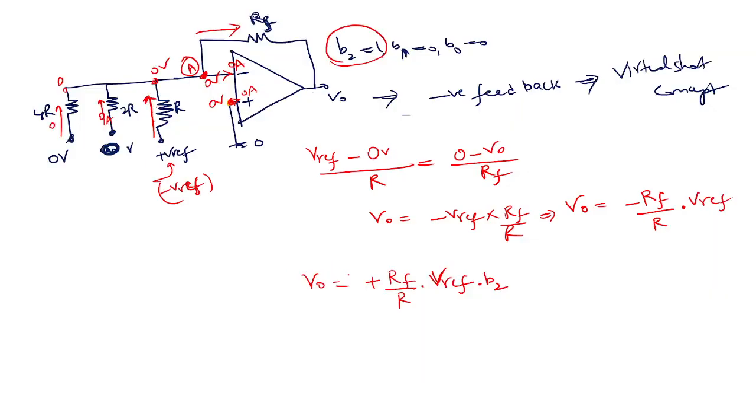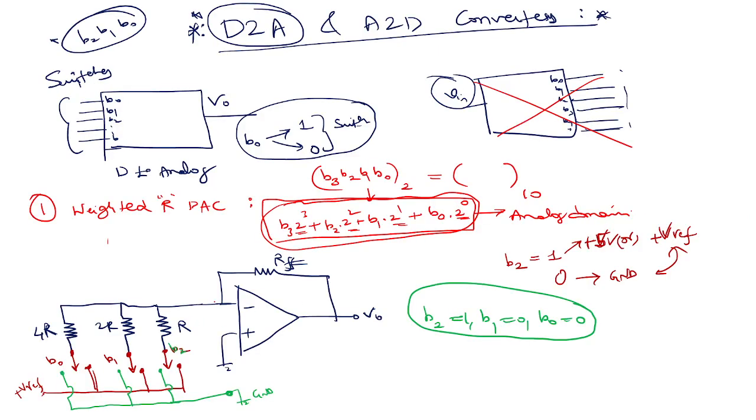Are you getting it? If B2 is 1, then this will be valid. Mind you, here it is minus V reference I am applying. Similarly, if I write for individual B2, B1, B0, whatever we saw right here.